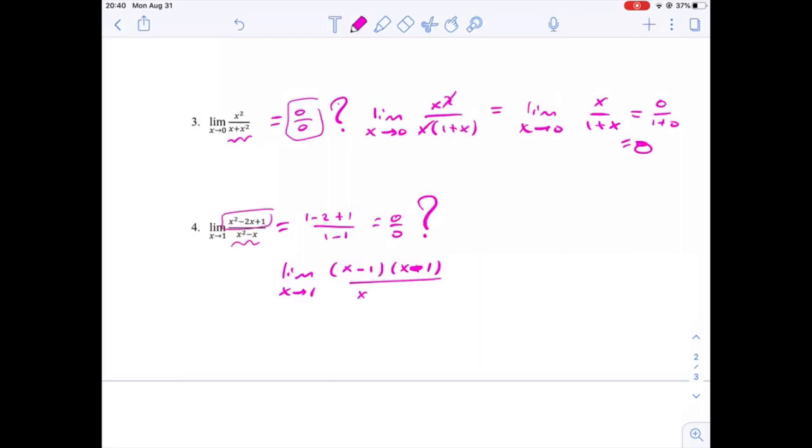We can take x as a common factor. We are left with x minus 1. And then we simplify. We can cancel x minus 1 from numerator and denominator, and we get limit x minus 1 over x as x goes to 1. Now, plugging x equals 1, we get 1 minus 1 over 1, which is 0 over 1, and that's equal to 0.